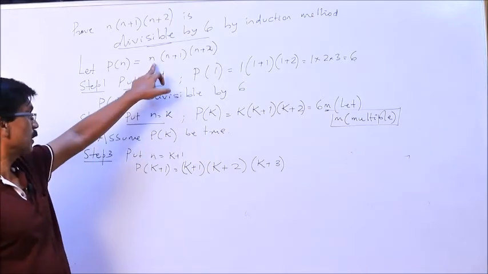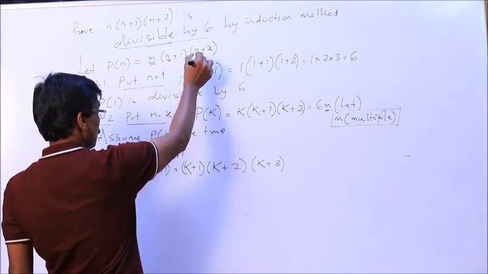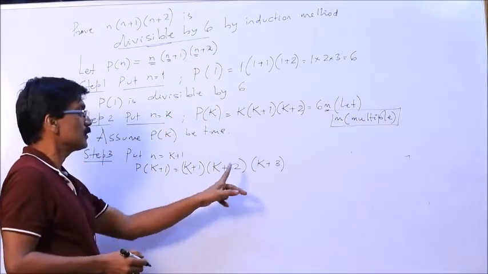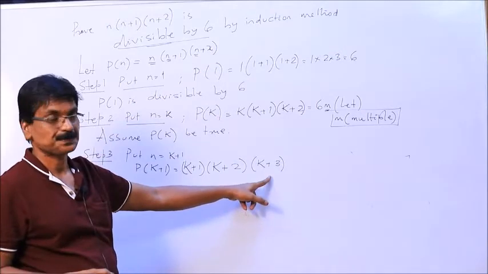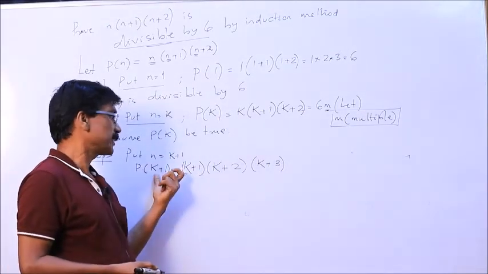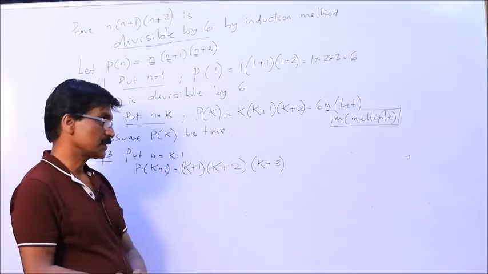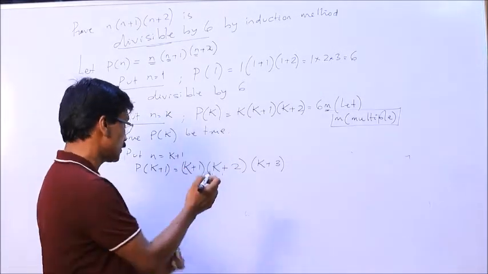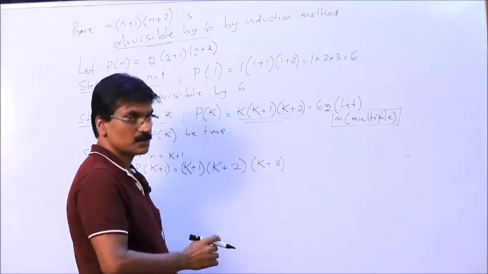So, here we put n is equal to k plus 1, that is k plus 1, k plus 1 plus 1, that is k plus 2, and k plus 1 plus 2, that is equal to k plus 3. So, we have to prove P k plus 1 is divisible by 6. So, using this result P k, that is k into k plus 1 into k plus 2, that is equal to 6m.